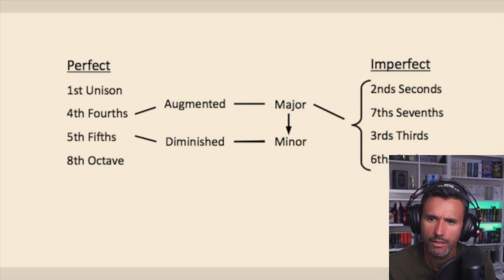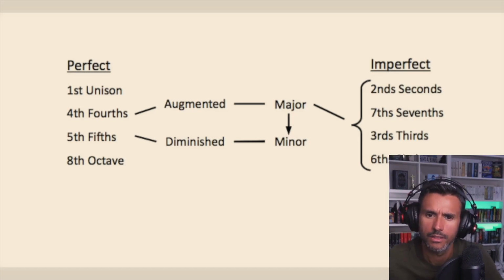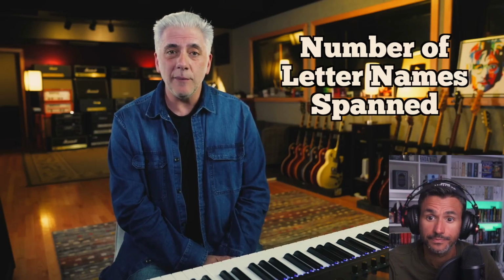Minor intervals become major when enlarged by a half step and become diminished when reduced by a half step. In order to accurately name the interval, you have to first figure out the number of letter names spanned. So if I have the notes C to F, that would be C, D, E, F, or a four-letter name span. If I have C to A, that's C, D, E, F, G, A, or six-letter names spanned.